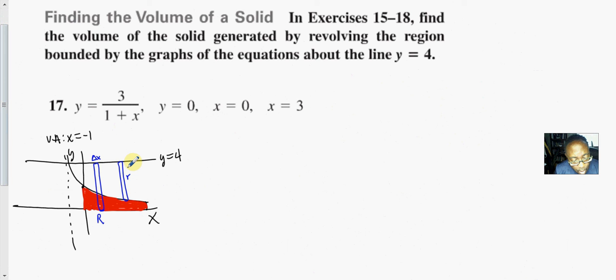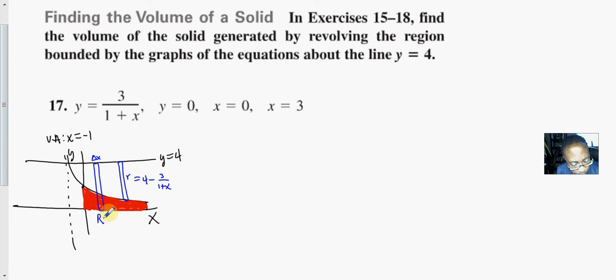So little r would be 4 minus the curve. 4 minus, and the curve is given by 3 over 1 plus x. And then big R is just 4, or if you're from South Alabama, it would just say 4, right?